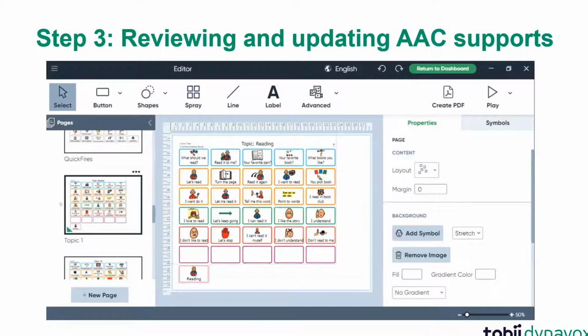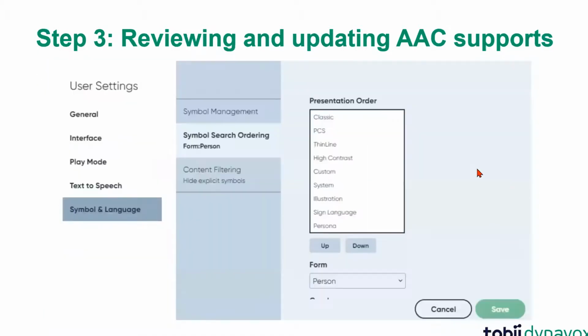So we need to consider using some of the tools that we learned about yesterday. So things like the properties panel, and going in and maybe even adding some pages to our communication book or some of our topic pages, adding some vocabulary, and considering things like yesterday we talked a little bit about the user settings and how we can check the type of symbols that we're using, making sure that we've got the appropriate symbols available for our students so that they can keep up to date.